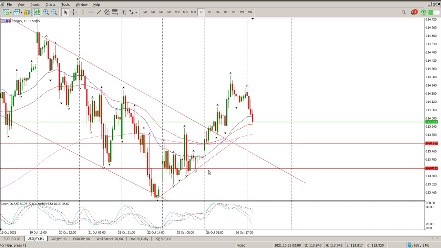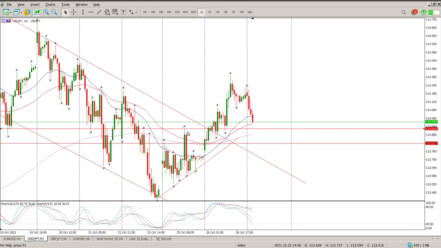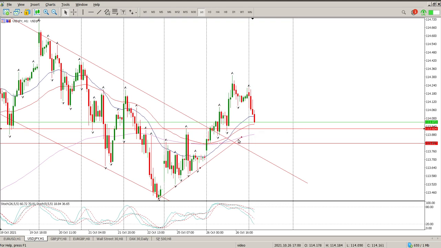The gap does still worry me, but we could also just find some support right over here, and that is 113,924. If I extend that trend line, that makes the most sense. So we're looking for this area here, 113.94, for an entry to the upside.